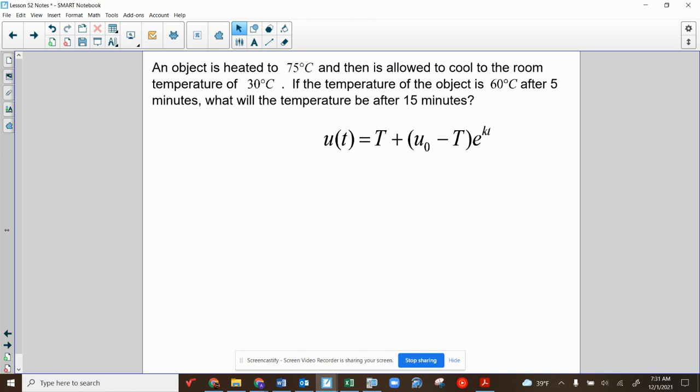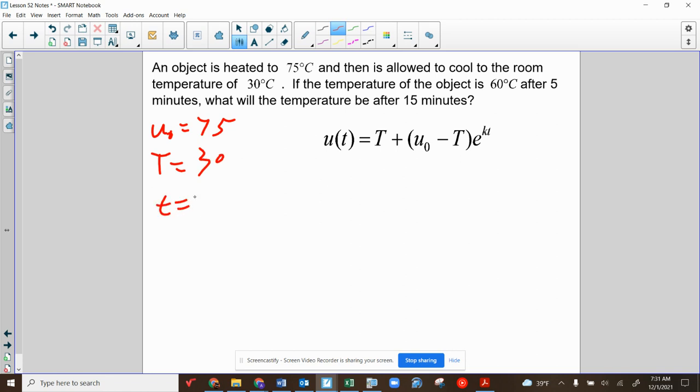So to start off, to find the cooling rate, here are the pieces that we know. U sub 0 is 75 degrees. Room temperature is 30. After a time of 5 minutes, you have 60 degrees.